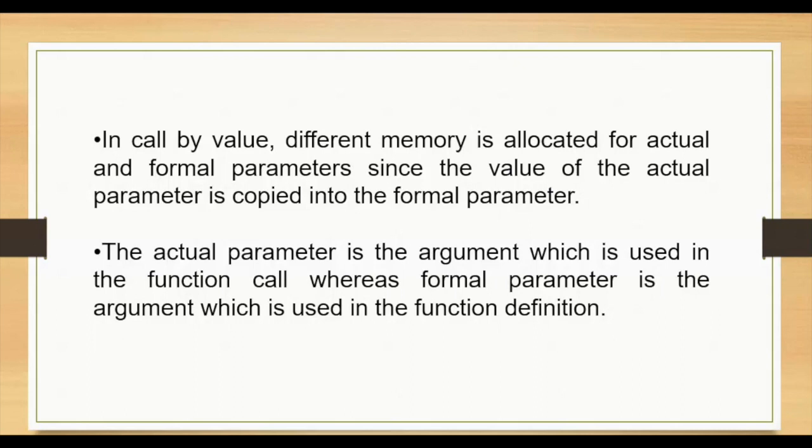So in call by value method, the actual parameter is just copied to the formal parameter. We cannot make any change to the actual parameter, since actual and formal parameters have separate memory locations.